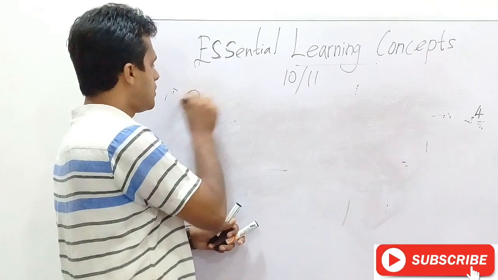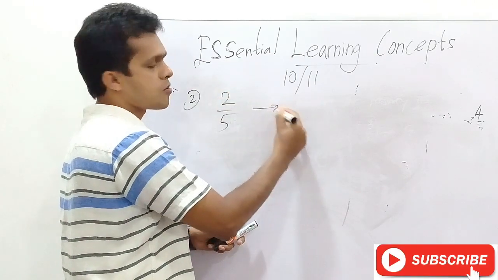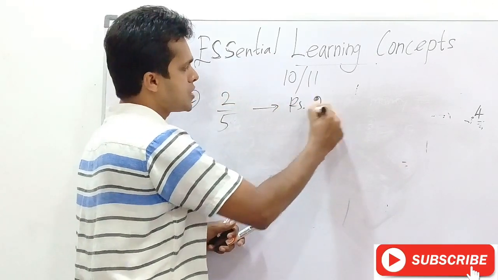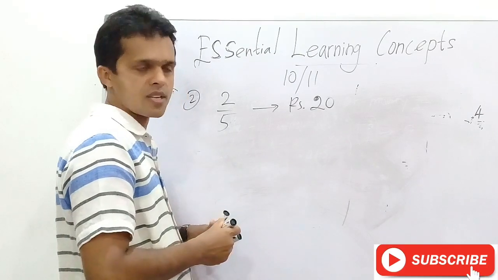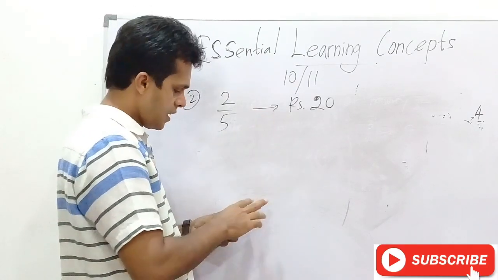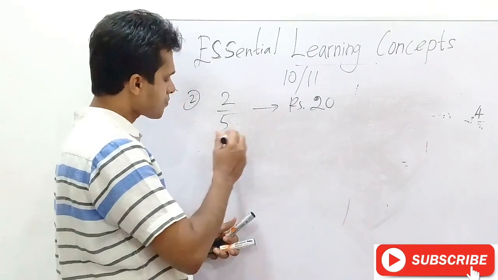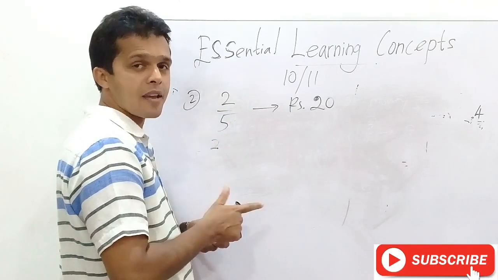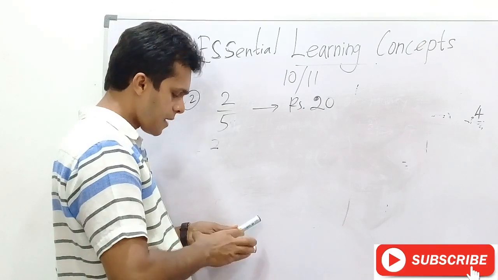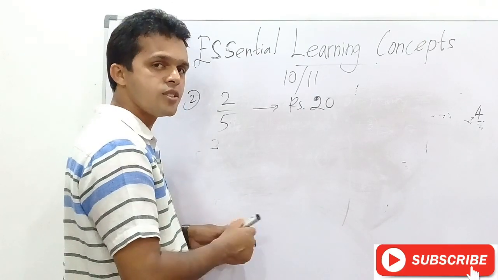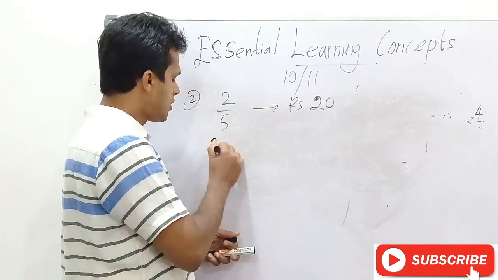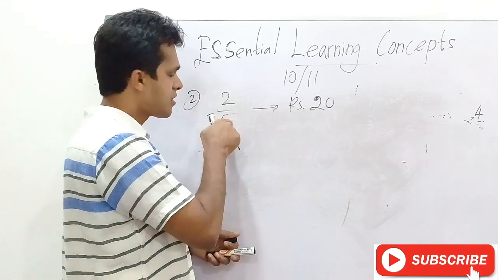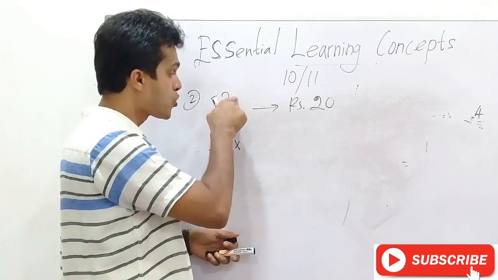The second sum: 2/5 of a certain amount of money is 20 rupees. Find the full amount. I'm not going to write it down; you imagine the sum. Let's find the full amount. 20 is multiplied by the reciprocal of 2/5.